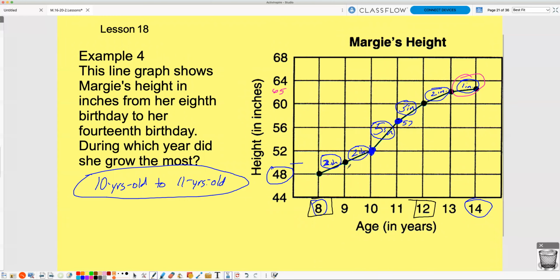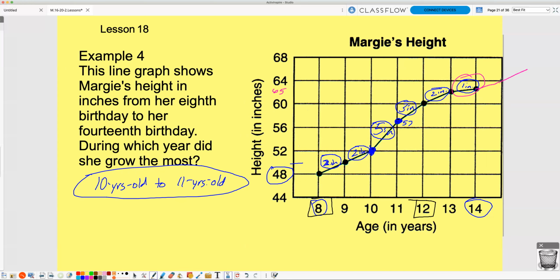It looks like she was growing 2 inches, 2 inches, 5 inches, a big growth spurt, 3 inches, 2 inches, and she started to slow down at the age of 13 and 14. So let's say she grew just 1 more inch this year, she's 15. What if she grew another inch when she was 16?